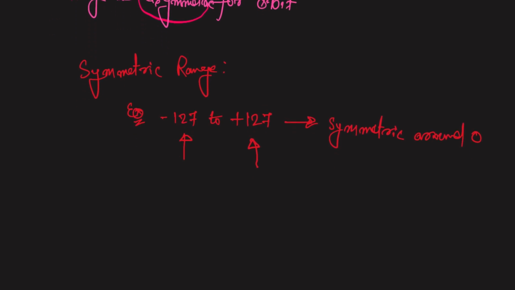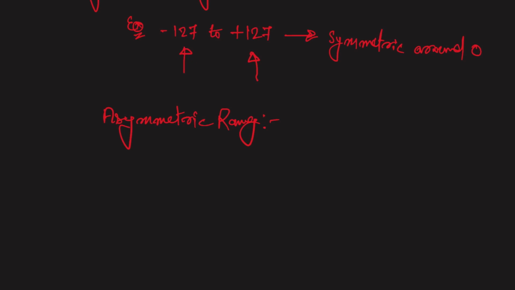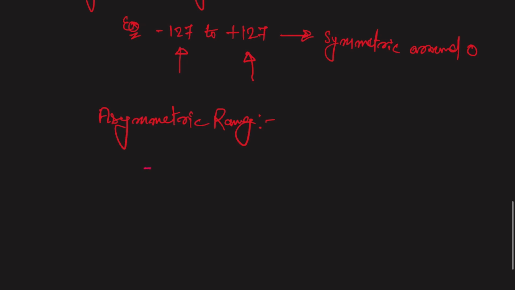Okay, let's talk about the asymmetric range. For an 8-bit Java byte using 2's complement, the range is -128 to +127.